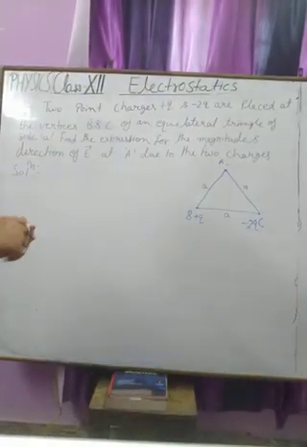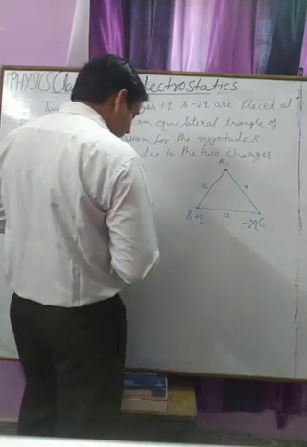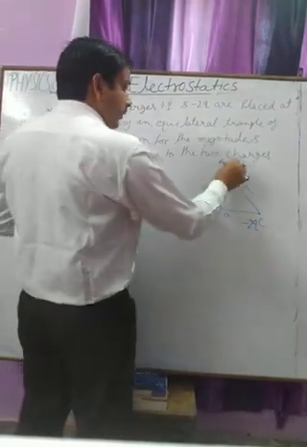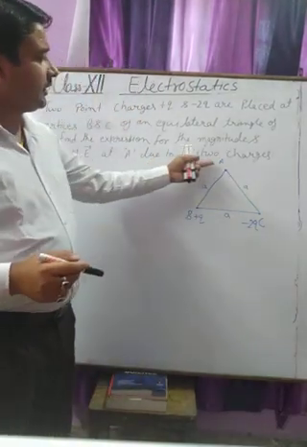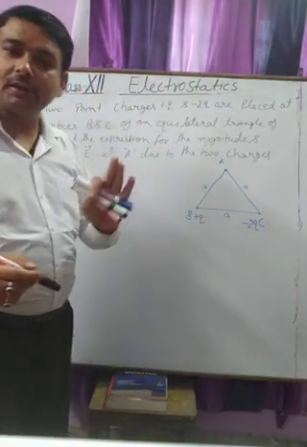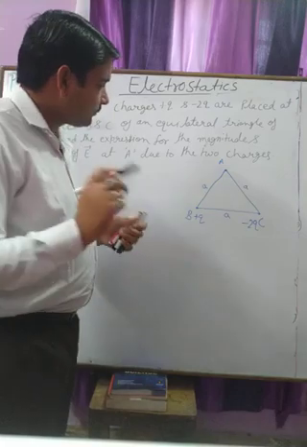Now, electric field due to plus Q charge at point B, because at point A here is a test charge, and we all know the test charge is always taken as positive.